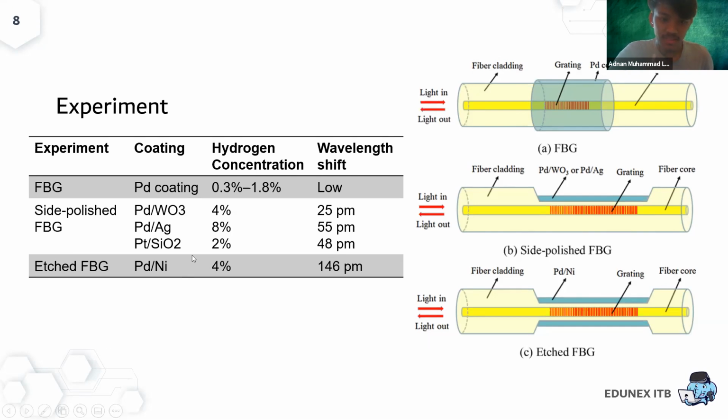But what we can see from the platinum silicon dioxide is that only 2% exposure can cause the wavelength shift to be almost 48, which is close to the second experiment.